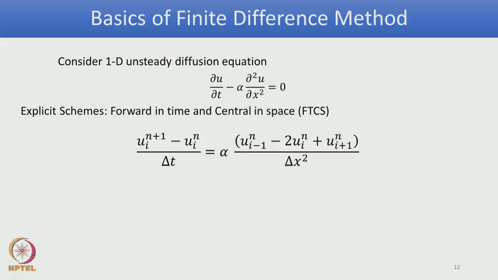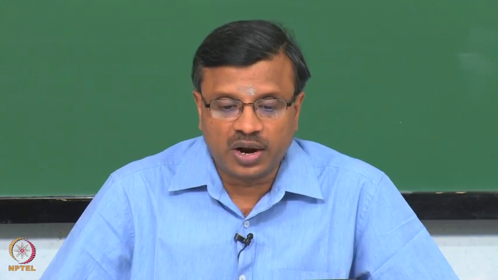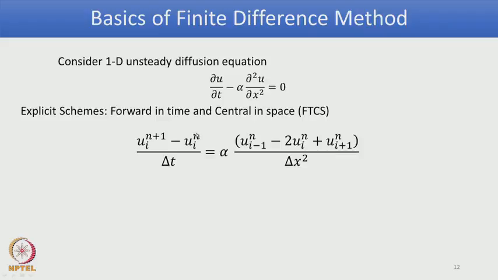So n plus 1 means you are trying to find the value at the new time location, and u of i, n represents the value at the same location i, but from the previous time iterated value. So, n corresponds to previous and n plus 1 corresponds to current.